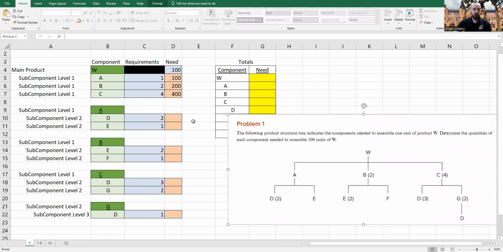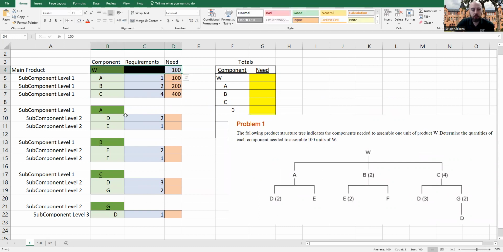We're going to do the exact same thing we just did, except we're not going to refer to the W up here. We're going to refer to this letter, basically 1 level above it. So we're looking at a level 1 item, A, and we know that we need 2 D's for every A. So we're going to take the 100 from the A section above it.